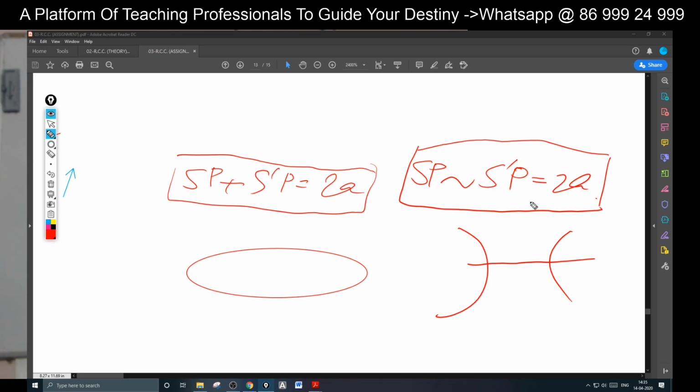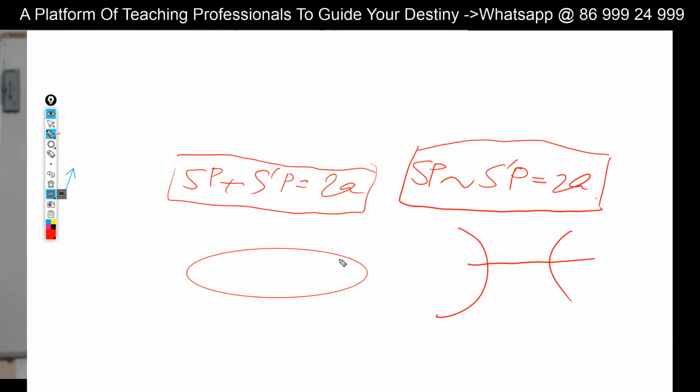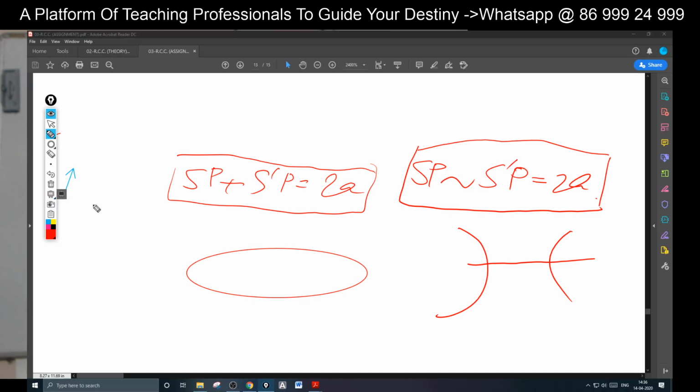So here, let us understand, without solving the problem, which geometrical figure it represents.